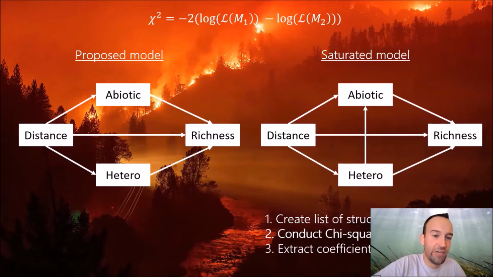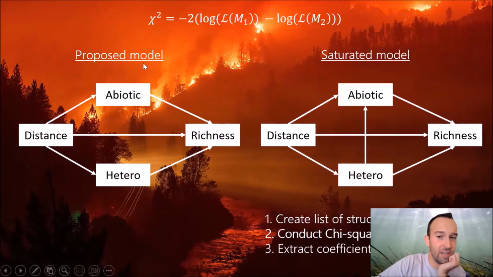I mentioned this chi-squared statistic of goodness of fit. I just want to give you a very brief explanation of its background. In this case, we have a proposed model, and then we could fit something called a saturated model. This would be one that includes all paths in it. So in this case, we're missing only the path between abiotic and hetero.